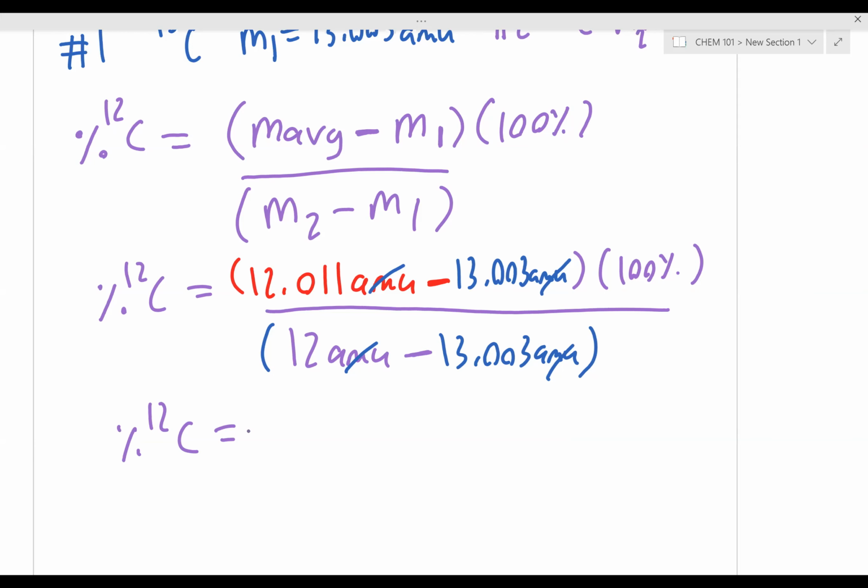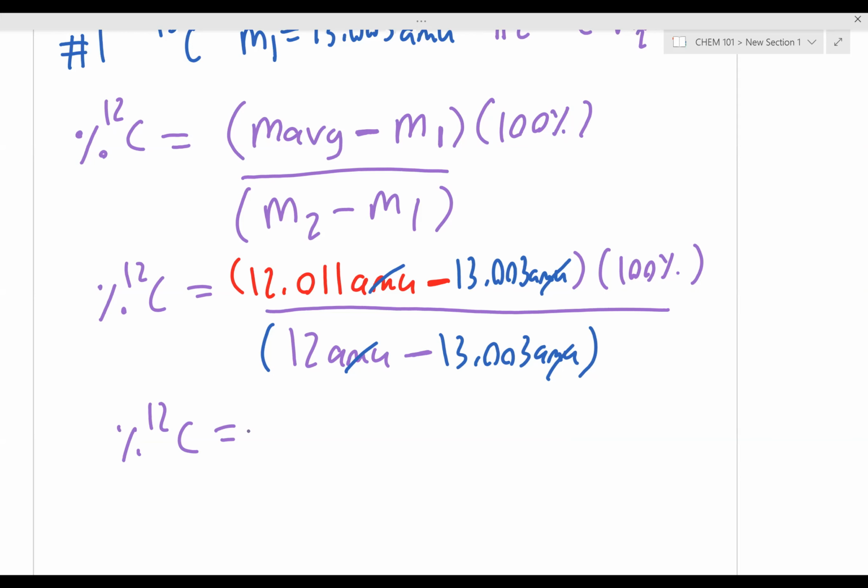So we take 12 minus 13.003, and you should end up with negative 1.003. We then hit the equal sign, and it will complete this division operation. So you should end up with 98.9 if you've done everything correctly in your calculator.